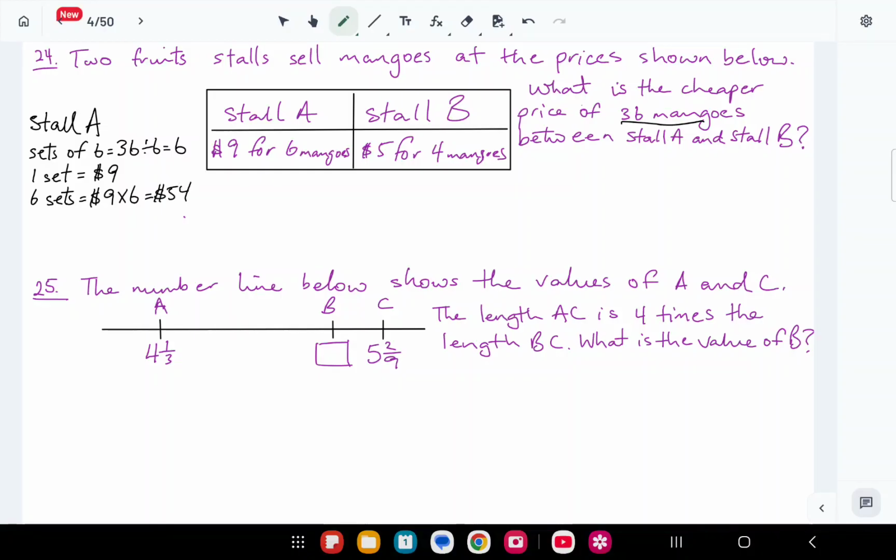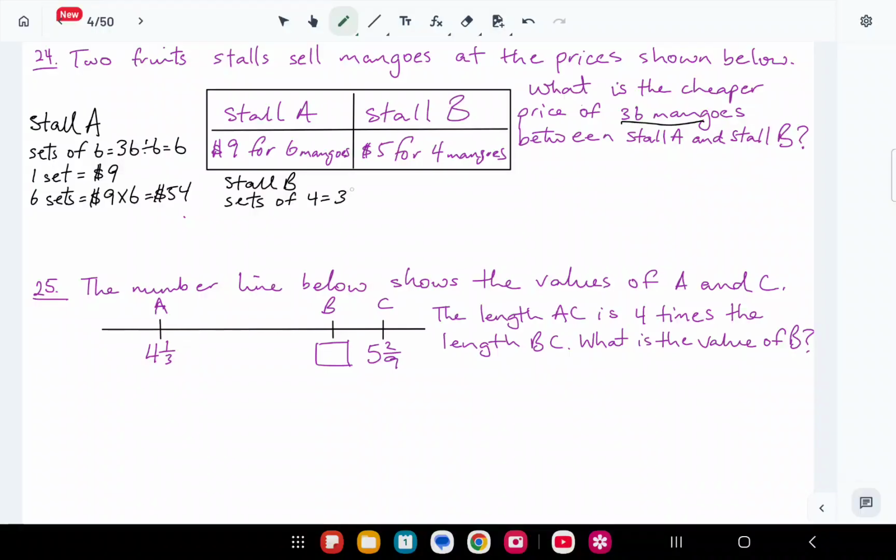So at stall A, it costs $54 for 36 mangoes. Stall B now, same concept. We want to calculate now how many sets of 4, because it's 4 mangoes for $5. So we want to find out sets of 4.